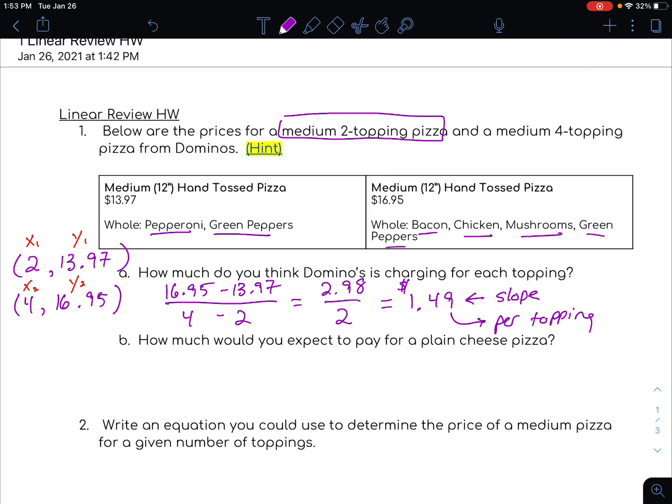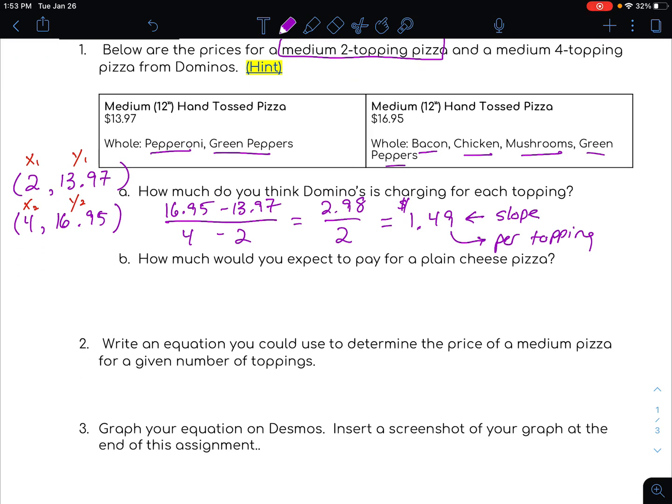So how much would you expect to pay for a plain cheese pizza? Well, we know 2 toppings gets us $13.97. So let's think about, all right, what would 0 toppings be then? So if we take $13.97 and we take away the 2 toppings, so if we take away 2 toppings at $1.49 per topping to get us down to 0 toppings, 13.97 minus 2 times 1.49 gets us to $10.99.